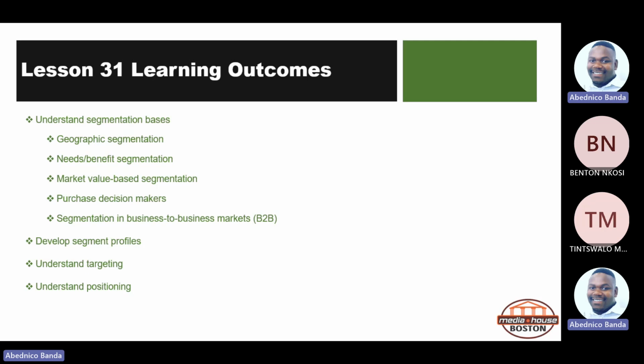Before we start, do you know what segmentation is all about? Can someone give us a brief description of segmentation? According to your own understanding, what do you think segmentation is all about?